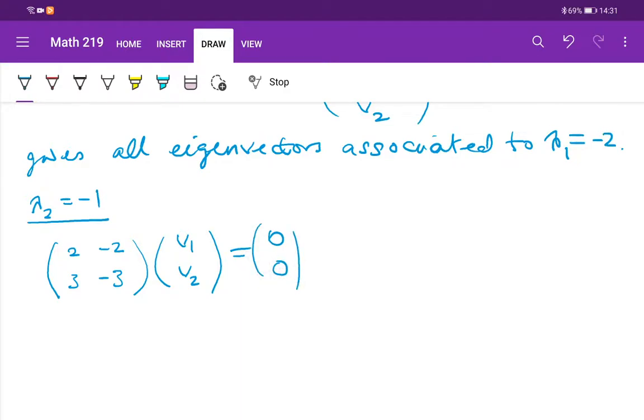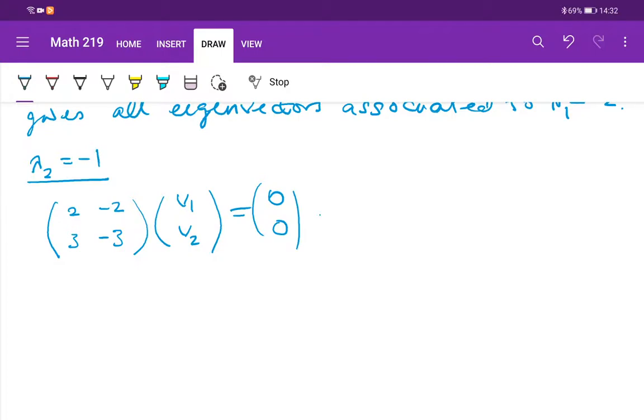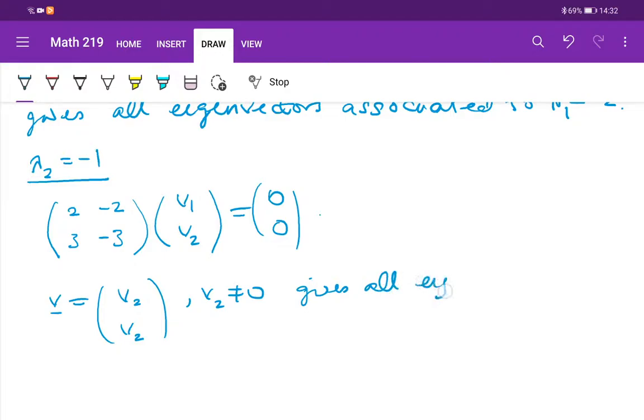If you solve this, it's easy to check that you get v equal to a multiple of v2, with v2 non-zero, which gives all eigenvectors corresponding to the second eigenvalue.